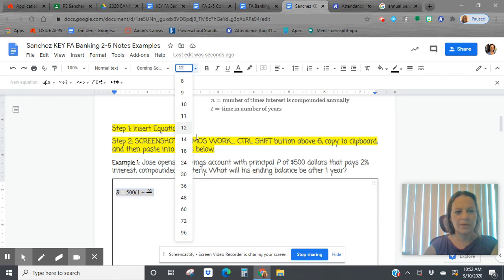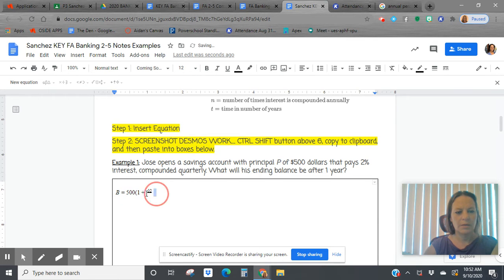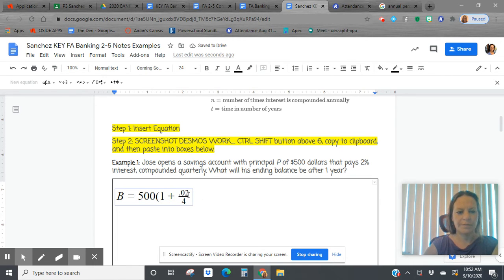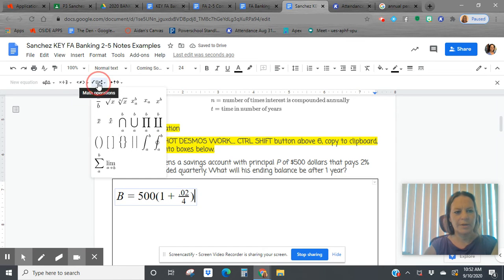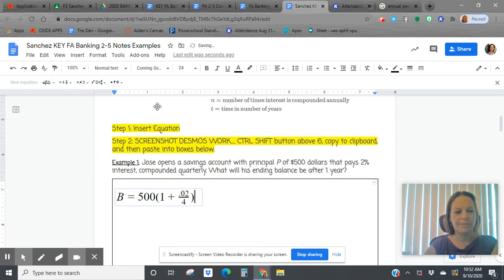And can I make this bigger? Way better. And then to the power of, so I go back up here again and find the x to the b, and that's to the power of n times t.